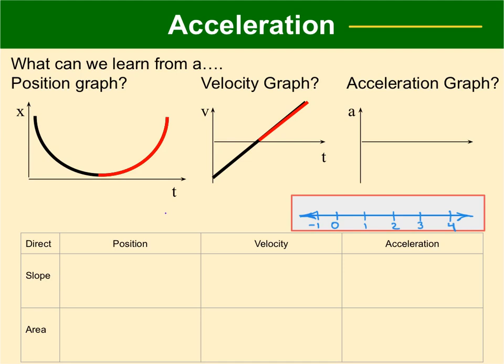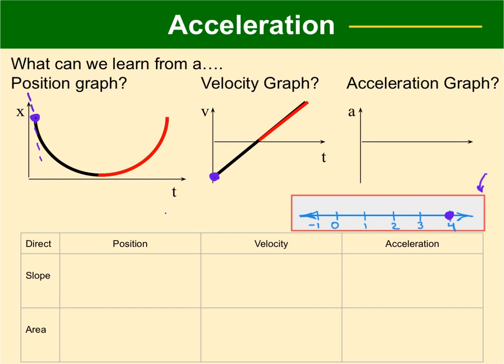Let's think about how we can graph this motion in a variety of different ways. I've drawn a little diagram down here so we can consider. Let's imagine at this first time, purple, we are at position 4, far away from the origin. Over time, we move towards the origin, and we notice here we have a very large slope during this time, so that implies a high negative velocity.